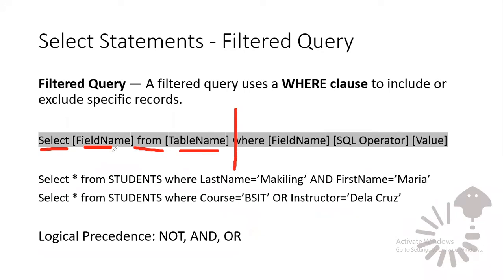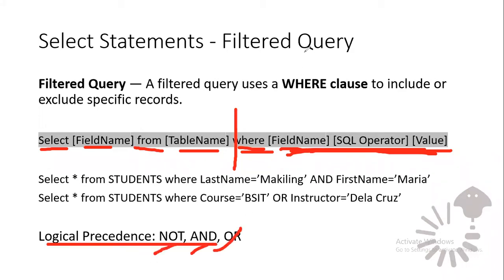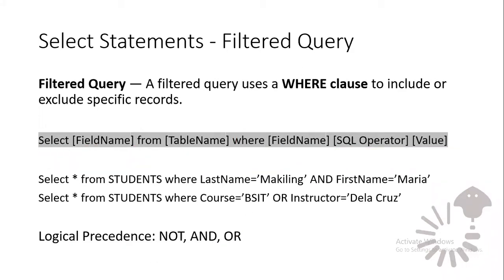Fix na yon. Hindi yan nababago. Select field name from table name. Dagdag lang natin yung where clause. Where keyword tapos criteria. Your condition. Ano yung criteria mo, ano yung condition mo. Pag nag-true yan, edi pak, yun yung kukunin niya, isa-select niya ang data. We also follow the logical precedence, not, and, or. Same with your programming.